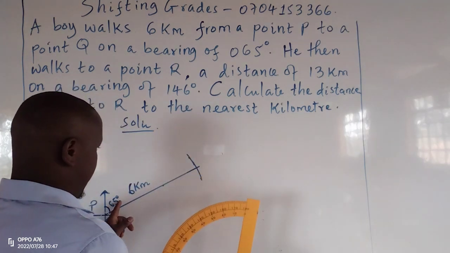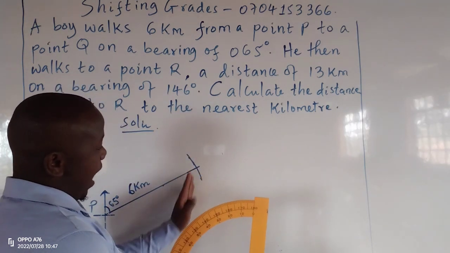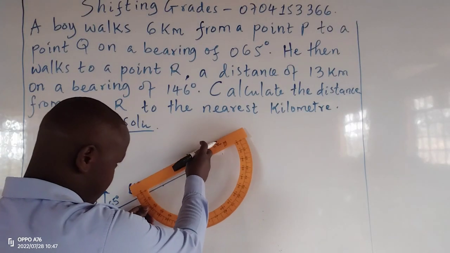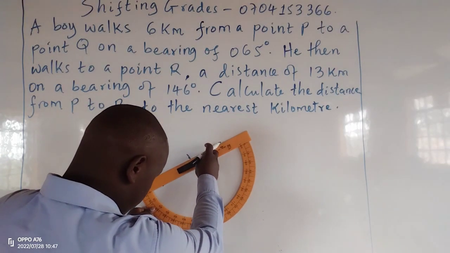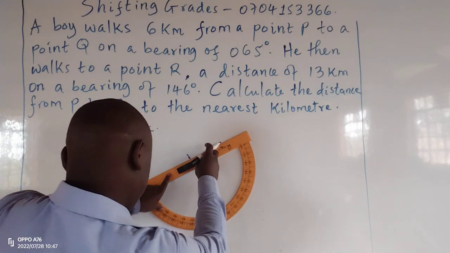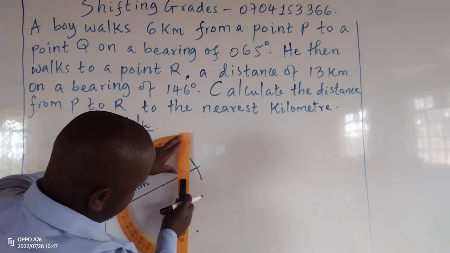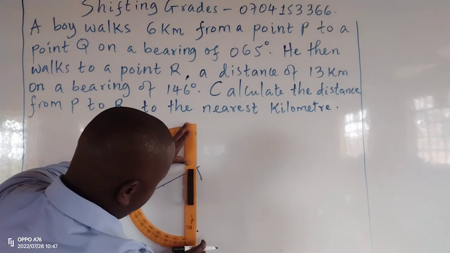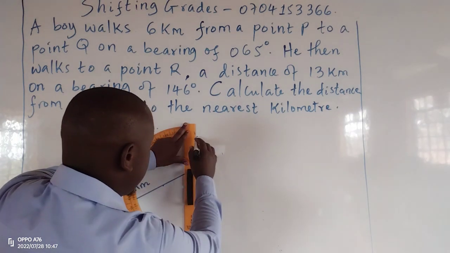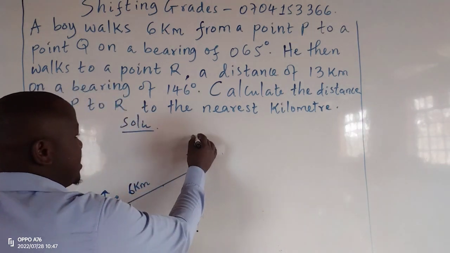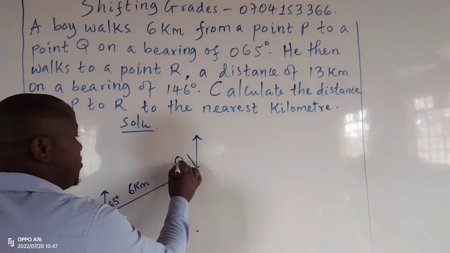So if 65 is here, then from here up to where the compass is should be 65. So that is the point. We connect this point to our Q, such that now at point Q we have a compass. So this is our point Q.